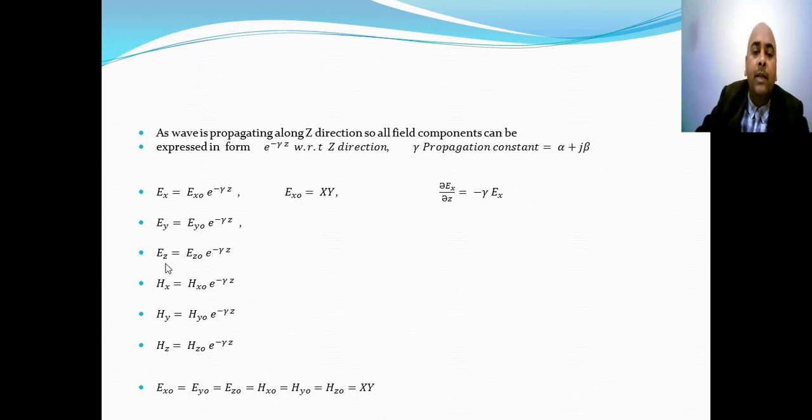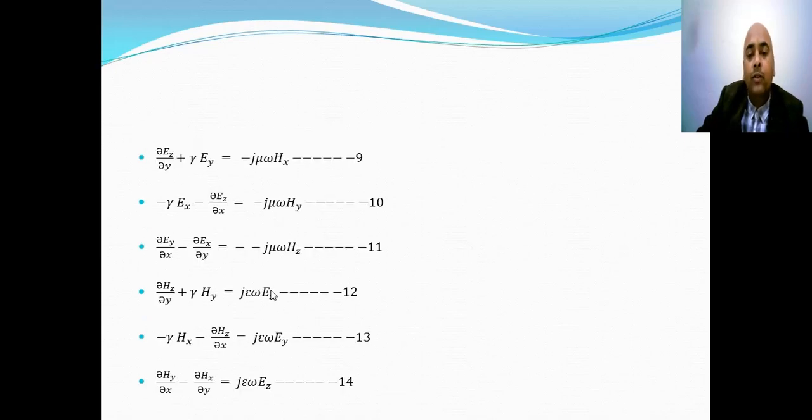Similarly, Ez can be written as Ez naught into e raised to power minus gamma z, where Ex naught, Ey naught, Ez naught represent the values of the electric field in x direction, y direction, z direction at z equal to 0, and Ex naught, Ey naught, Ez naught are functions of x and y. Similarly, we can write the equations for Hx, Hy, Hz, which again vary with respect to z direction.